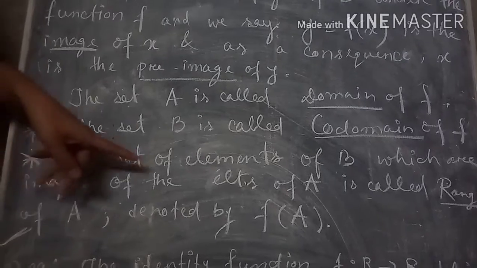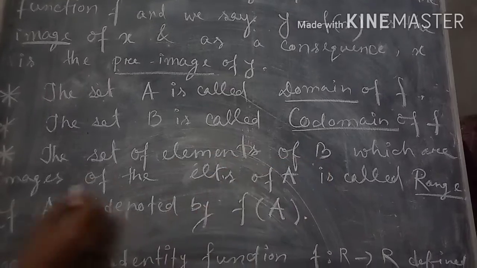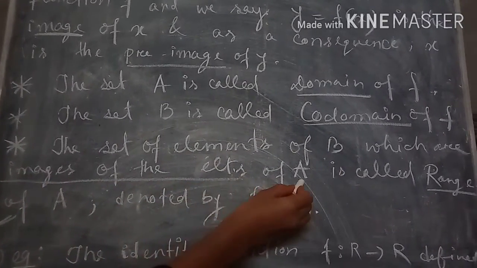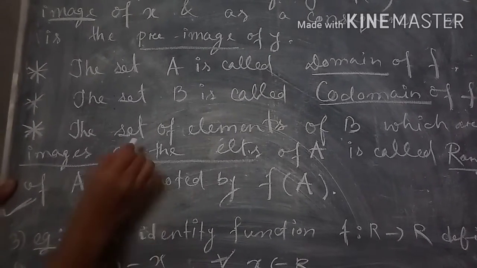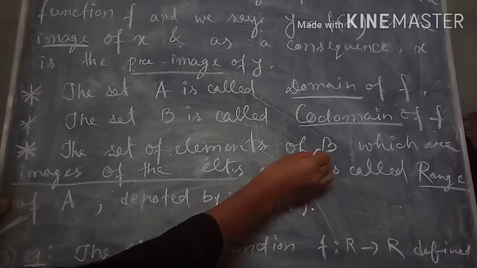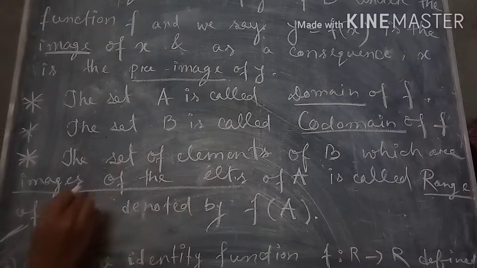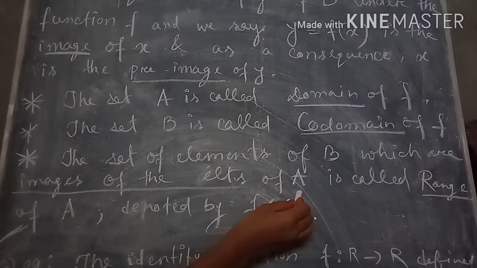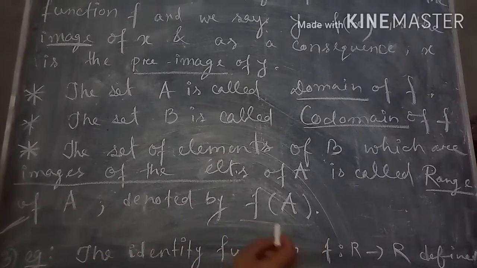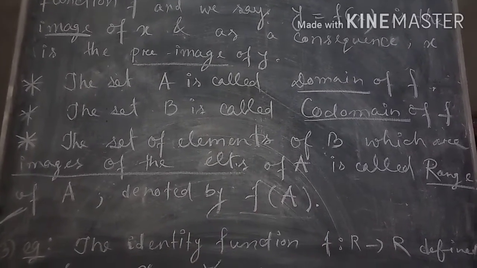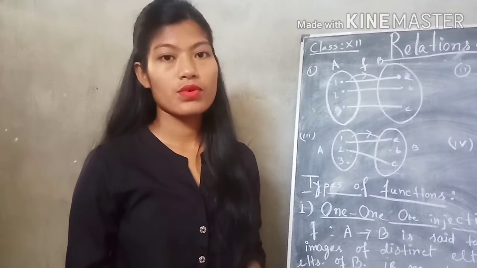The set of elements of B which are images of these elements of A is called the range of f, and the range is denoted by f of capital A. Now I am going to show some figures so that you can understand what a function actually is.